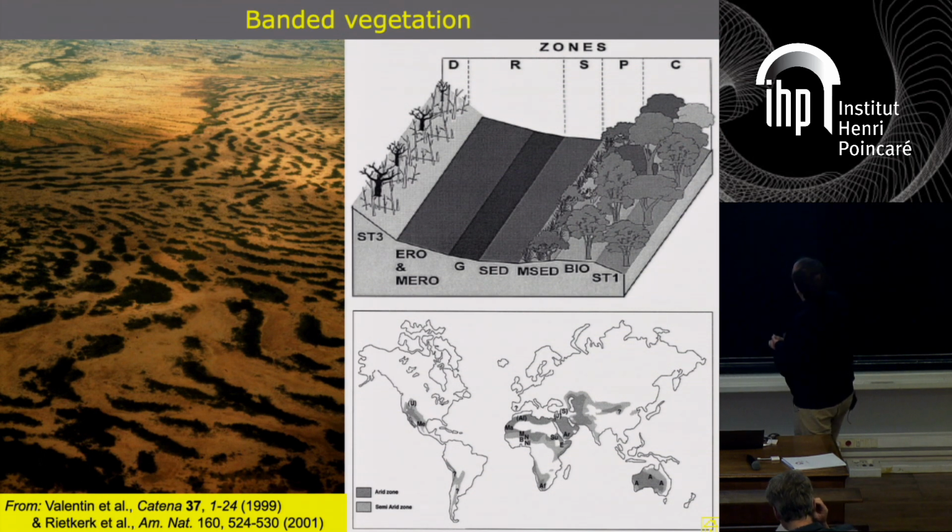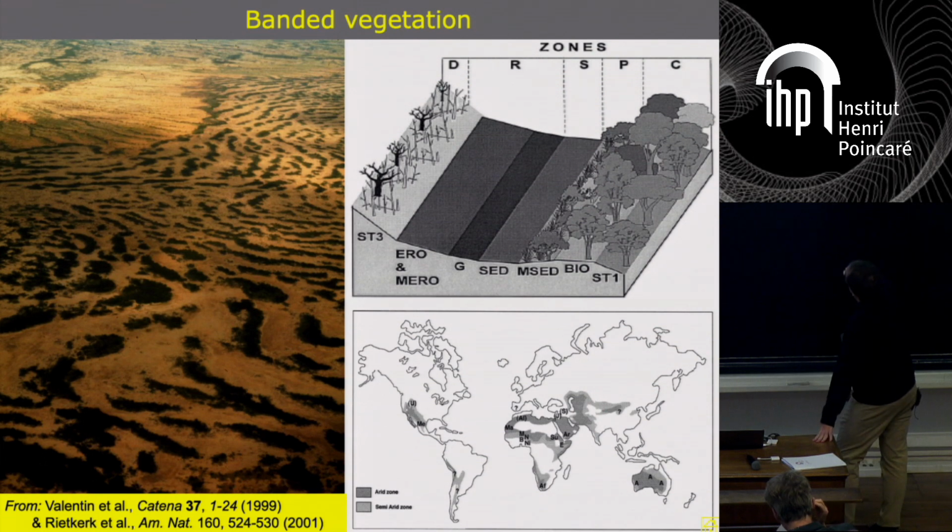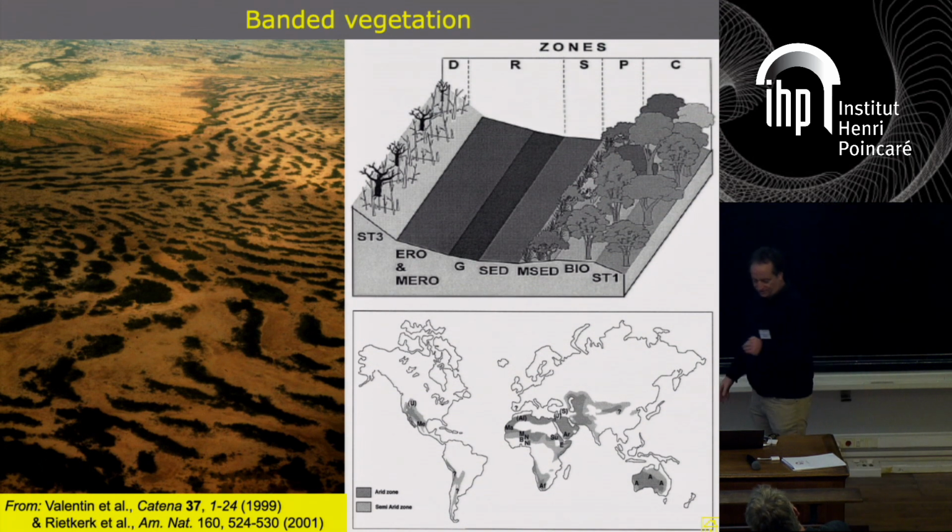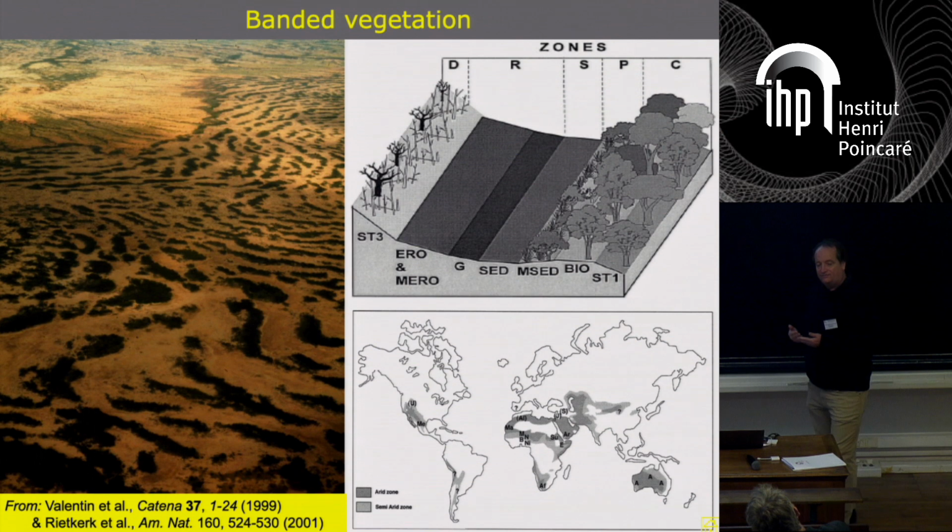So there you can see how this could work: water falls obviously uniformly everywhere, but on the bare areas the water will stay as runoff on the surface. And since we are on the slope, it will accumulate and feed the vegetation band.